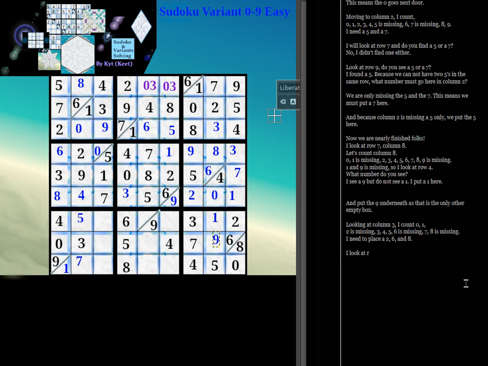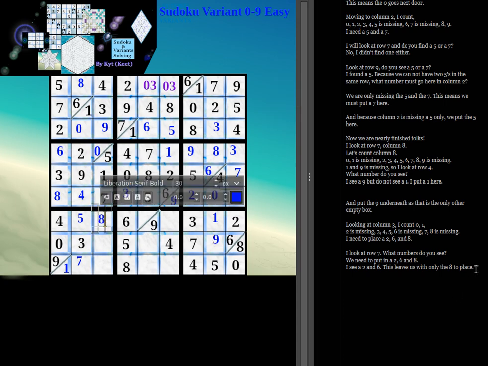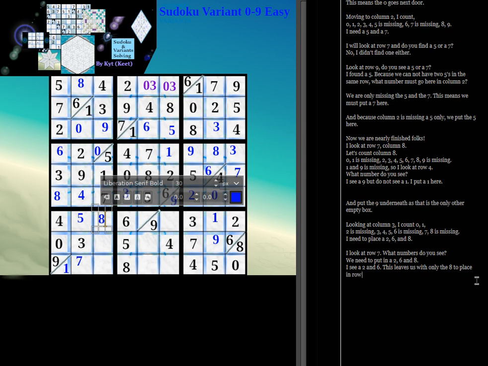I look at row 7. What numbers do you see? Now we need to put in a 2, 6, and 8. I see a 2 and 6. This leaves us with only the 8 to place in row 7.